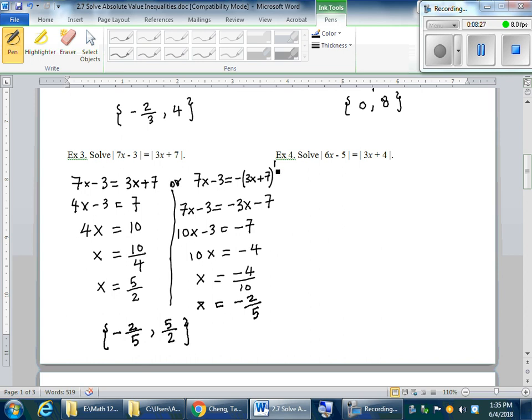So very similarly, in this example 4, we can do the same thing. Right? So treating one side of the equation like a number.